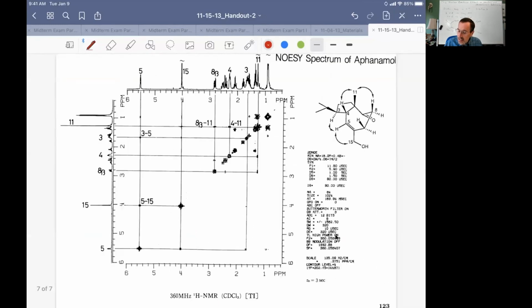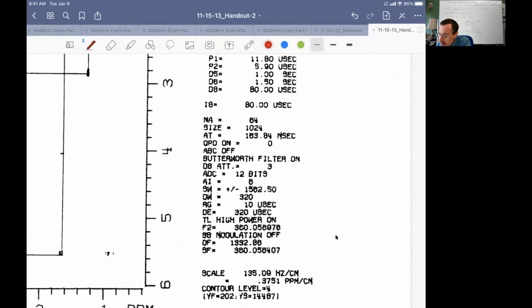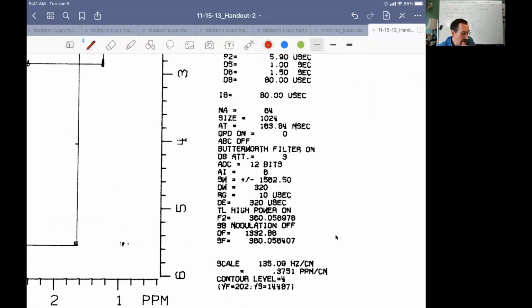And I guess the last thing I'll show you is just an example of a NOESY experiment. The molecule here is a natural product called ephanamol. It has a 7-membered ring in it that's a ketone fused to a 5-membered ring.